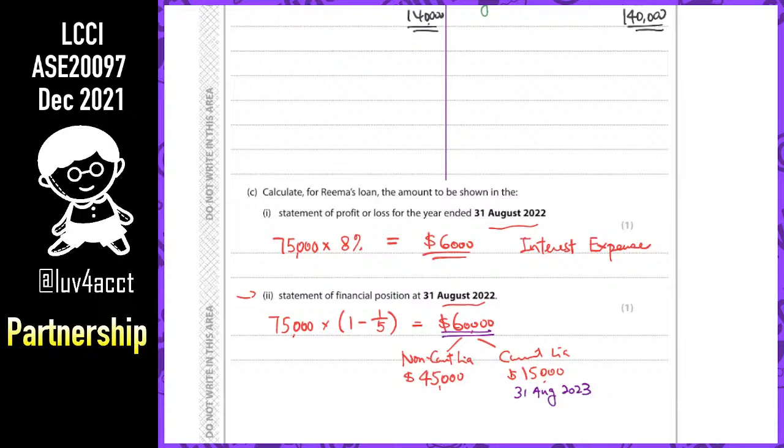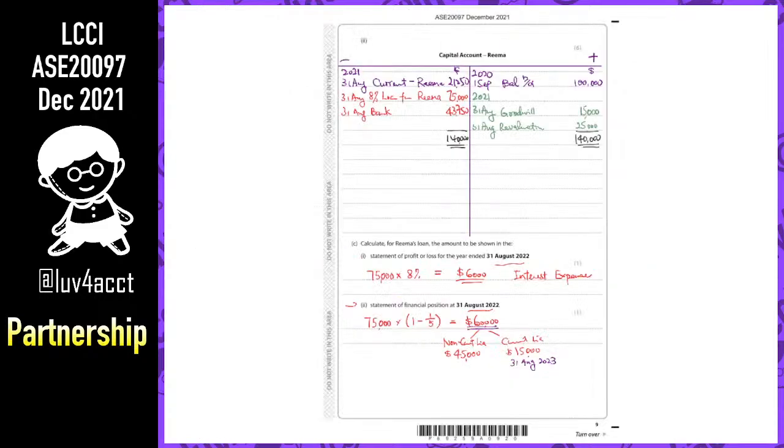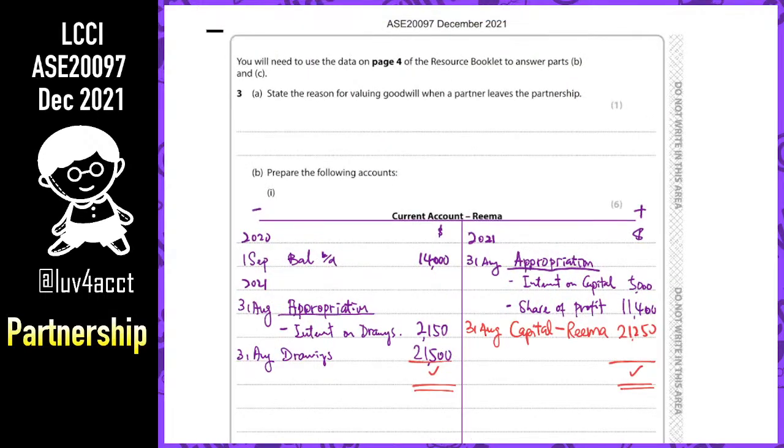Okay, so next we deal with the concept part. Conceptual questions. State the reason for valuing goodwill when a partner leaves the company. Goodwill is created during the operations of the company. So it would only be fair always when we work on a revaluation of assets and liabilities during a change of partnership.